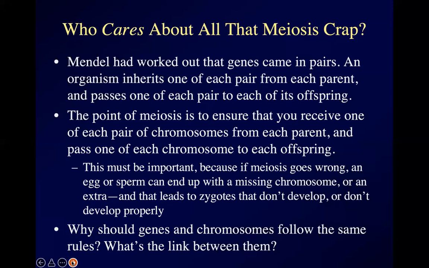So clearly a chromosome is not the same thing as a gene, because you've got many more genes than you have chromosomes. You have 46 chromosomes in 23 pairs, and you've got 18,000 genes. So they're not the same, but they seem to be linked in some way because they're following the same rules of inheritance. We now know that genes are physically located on chromosomes, and how we know that, I'm going to hit you with in more detail on Monday.